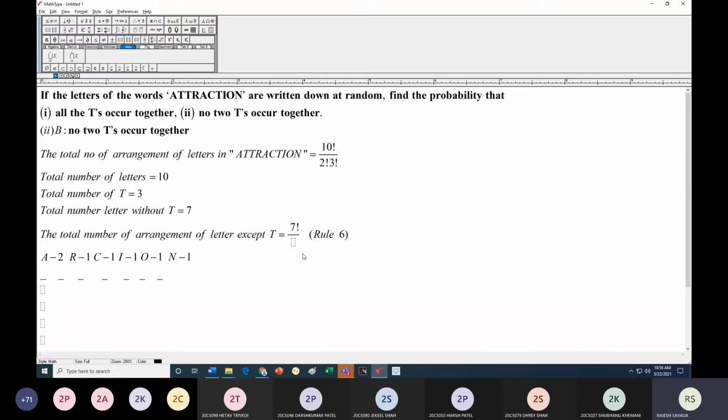So in the denominator it is 2 factorial into 1 factorial into 1 factorial, and so on. 1 factorial is 1. So the arrangement of 7 letters except T is 7 factorial by 2 factorial. Is it okay? Any doubt up to this line?